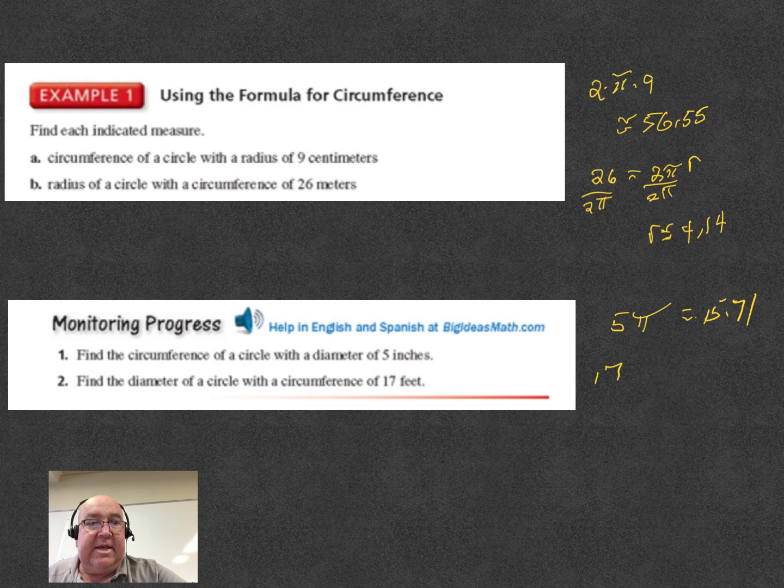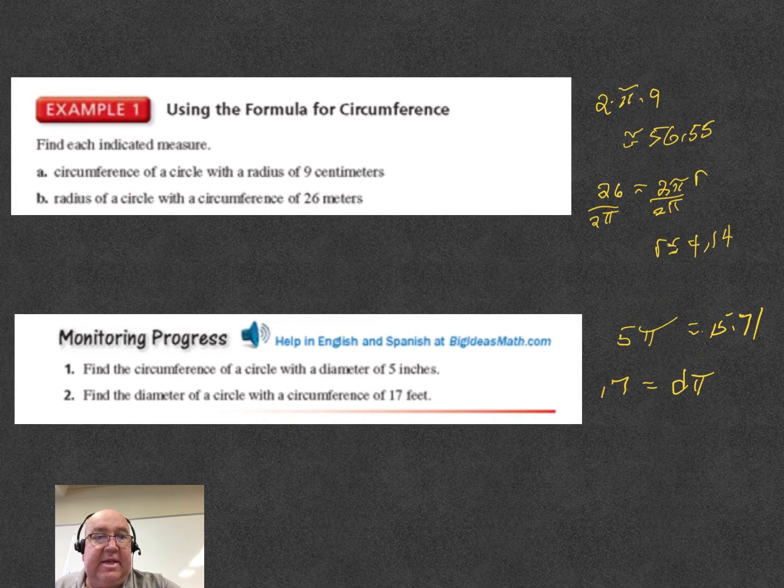So if we only want to find the diameter, we're going to just divide by pi. And we get that the diameter is equal to 5.41.